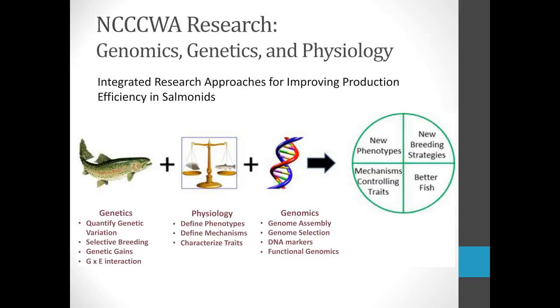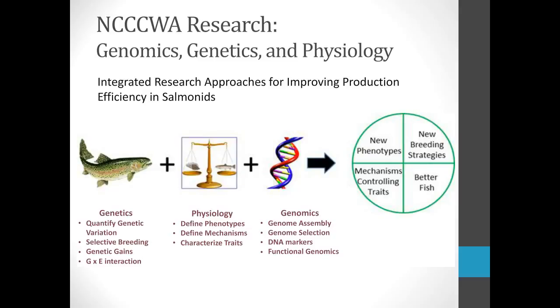My research fits within the Genomics, Genetics, and Physiology Research Unit. The title of our 5-year research project is Integrating Research Approaches for Improving Production Efficiency in Salmonids. Central to this effort is our selective breeding program, in which we select for growth and fillet yield or disease resistance.